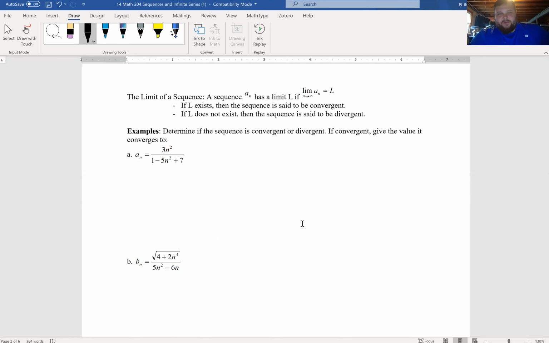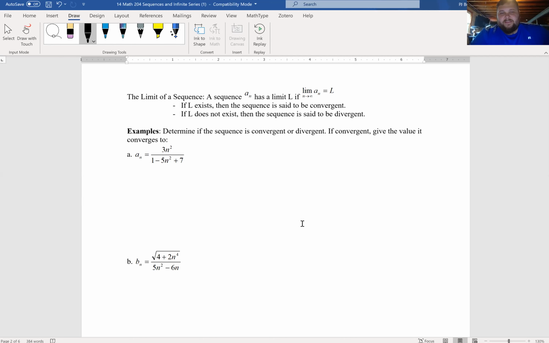We can also do this using our analytic methods that we've learned in the past for limits. So it says here the limit of a sequence, where the sequence is some a sub n, can be written as the limit as n approaches infinity of a sub n equals some value L. If L exists, meaning it is some value like 5 or -1 million, then the sequence is said to be convergent.